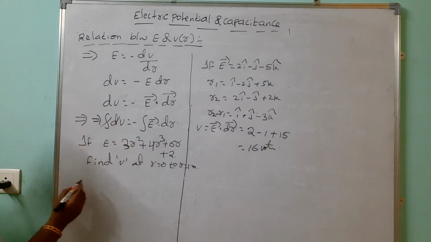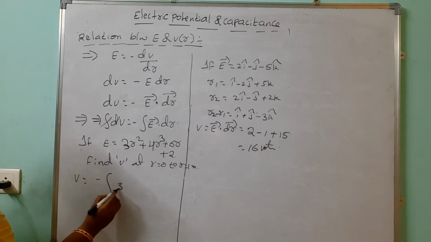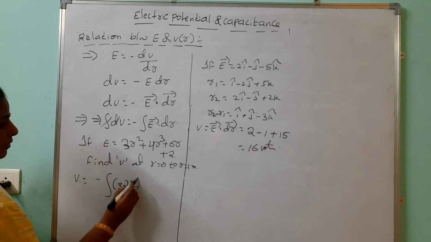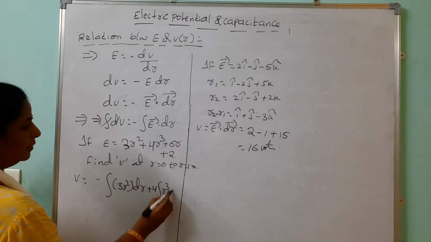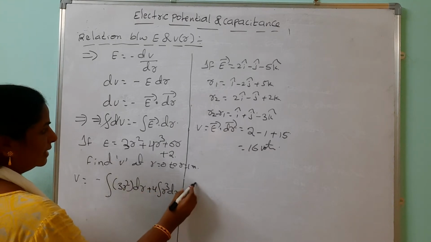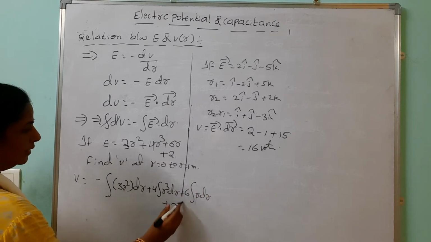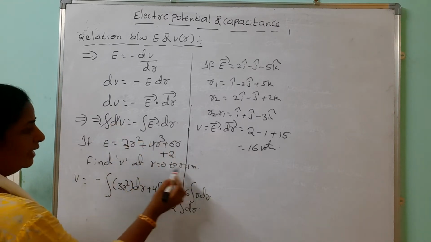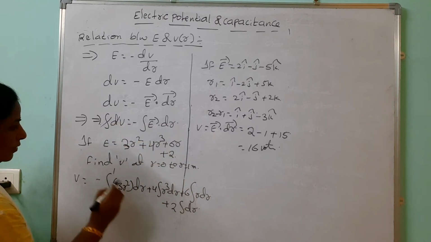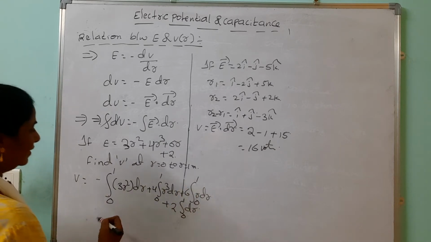Here differentiation and integration cancel. V equals minus integration of 3R square dr, and I am splitting this: 4 R cube dr plus 6 R dr plus 2 times integration of dr. Clearly they have mentioned the limits, 0 to 1 for each term.